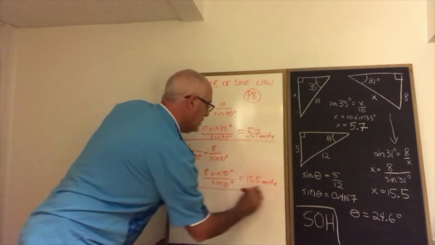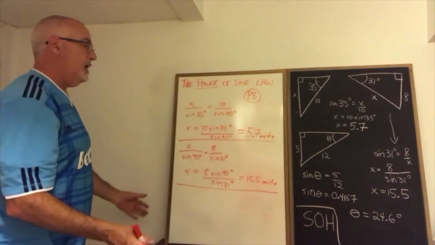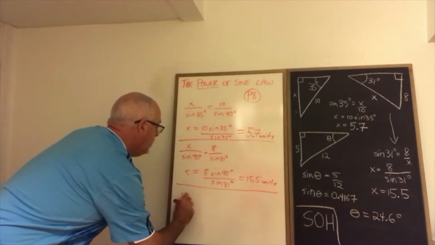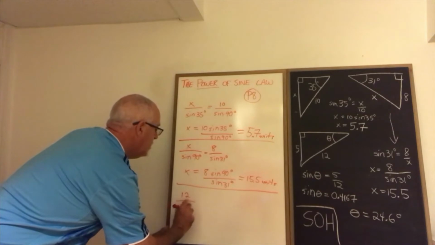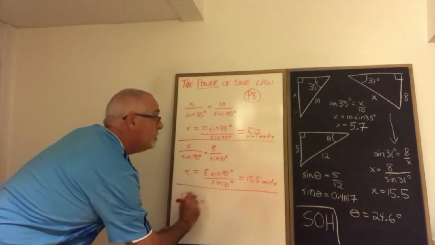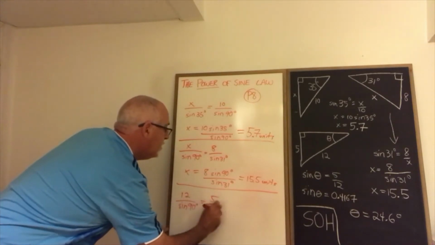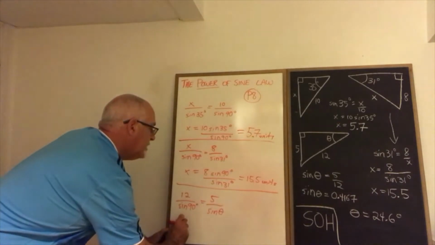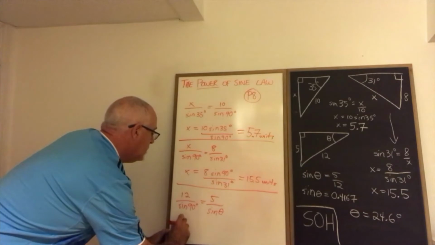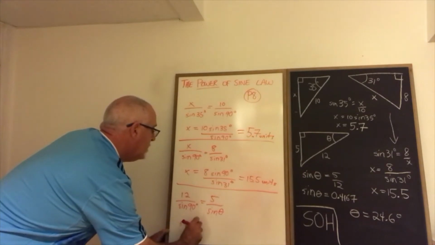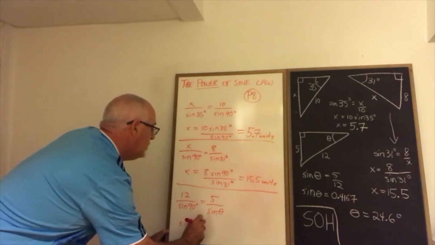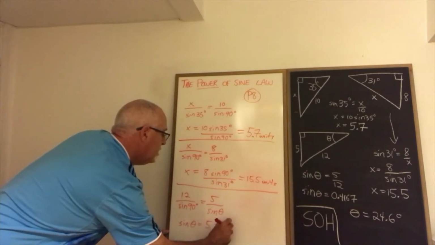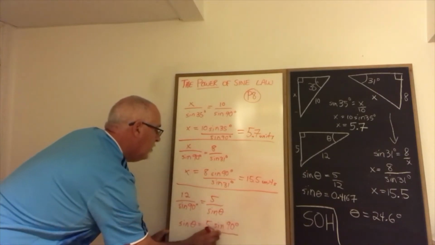Now let's do the third example. This time we have an unknown angle. 12 over sine of 90 is equal to 5 over sine of the unknown angle theta. Isolating my unknown, sine theta is going to be equal to 5 times the sine of 90 over 12.